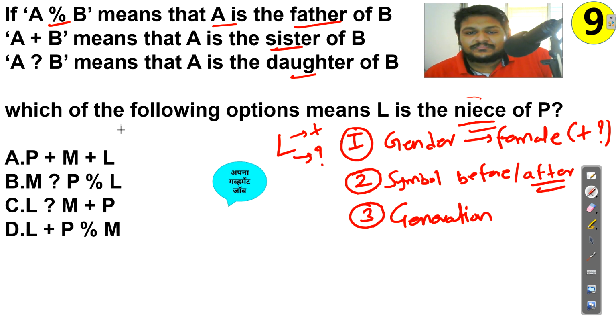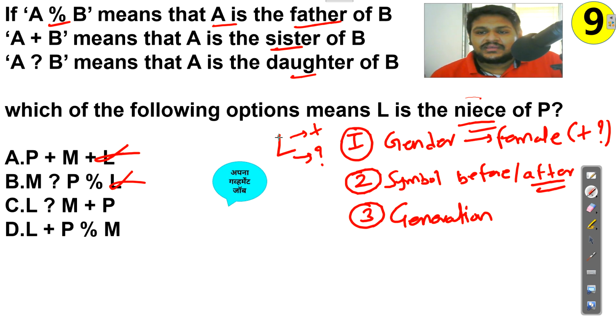Come here, see option A, obviously after A there is nothing, so it is gone. B also, there is nothing, it is gone. C, question mark is there, yes. D, plus is there, yes. Now here we need to solve by diagram. See how to do it.